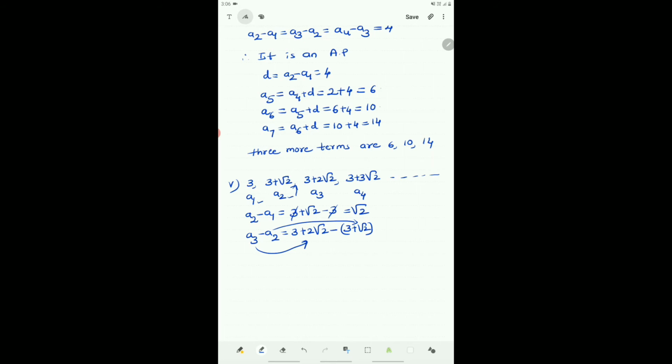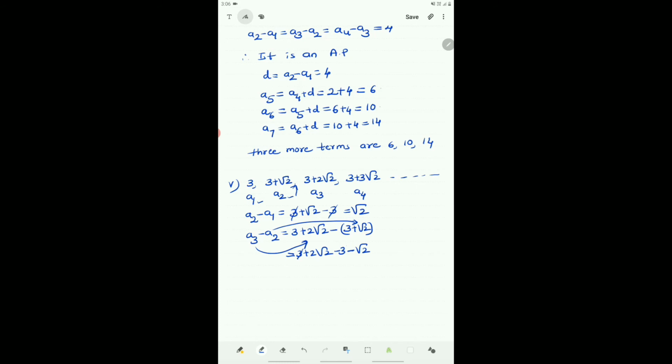So A3 minus A2 is 3 plus 2 root 2 minus 3 minus root 2.